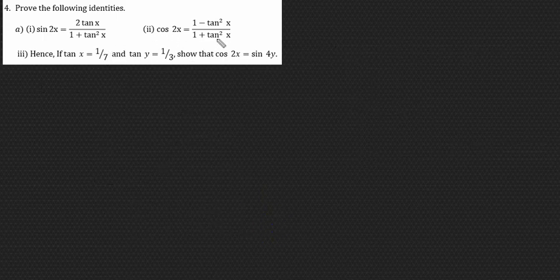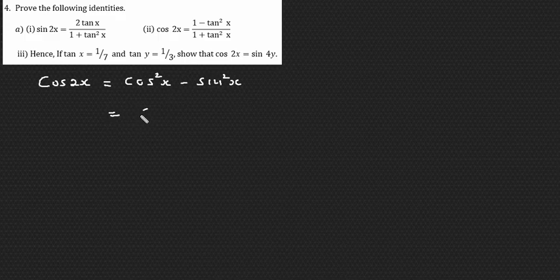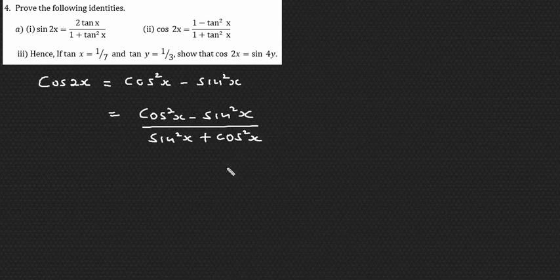Now let us look at Roman numeral 2. Roman numeral 2, we have cos 2x. Now we know that cos 2x is equal to cos squared x minus sine squared x. So we can do as before, we create a denominator by dividing with the 1, and that 1 is sine squared x plus cos squared x. Then I'm going to divide by cos squared x both in the numerator and the denominator.